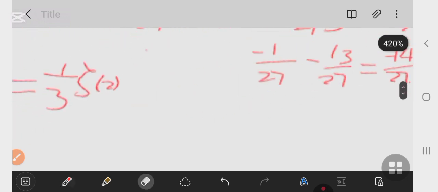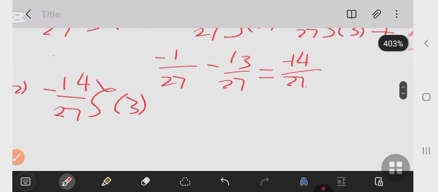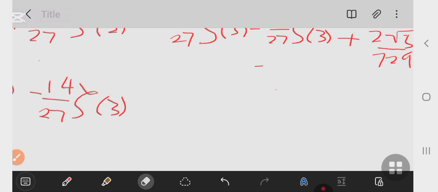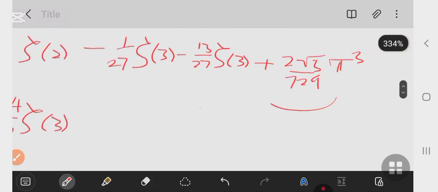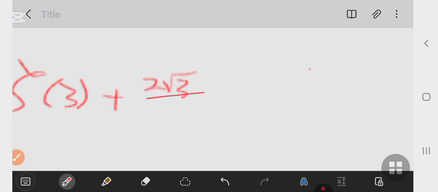Now, minus 14 over 27 zeta 3, then the last one, plus 2 root 3 all over 729 pi cube.